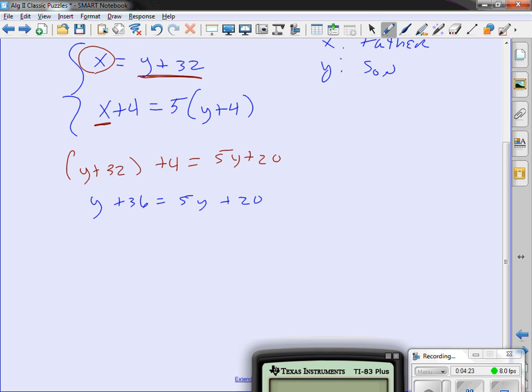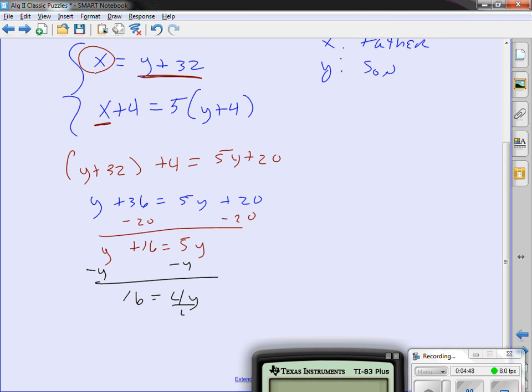What should I do now? Okay, I can minus the 20, minus 20, minus 20. Y plus 36 minus 20 is 16. Subtract the y, subtract the y. 16 equals 4y.